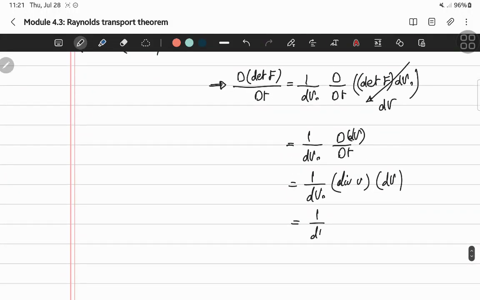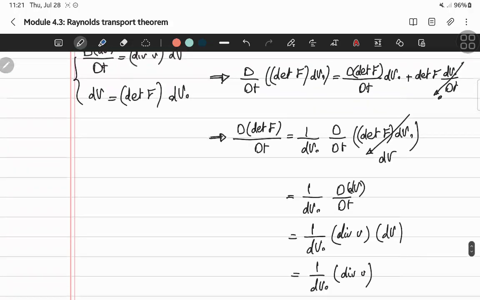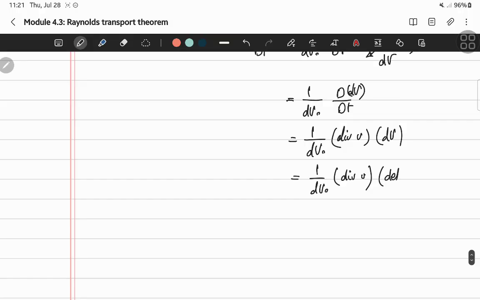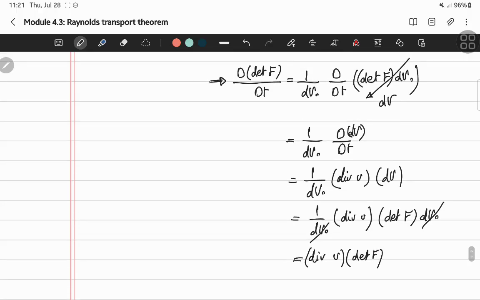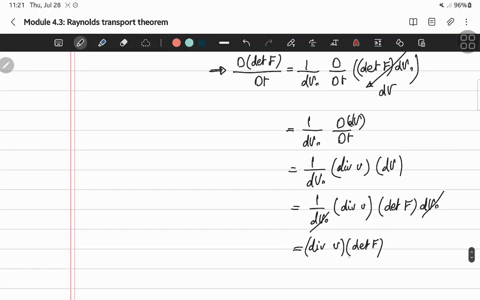So 1 over dV0, divergence of v, then we have the determinant of F dV0, where this cancels out with this one. So we have finally the divergence of v times the determinant of F. Great. So this expression is equal to this.